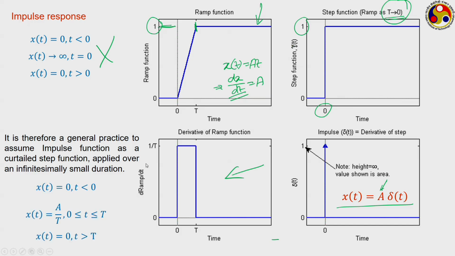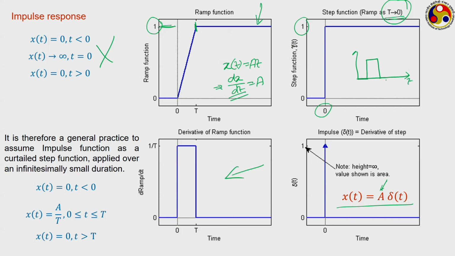The corresponding mathematical form can be like this: when T is less than 0, there is no signal, then over a period of T equal to 0 to capital T we are supplying a signal of strength A upon T, and then after that it is 0. If I plot the signal somewhere here, it will initially be 0, then something like this, and then back to 0.